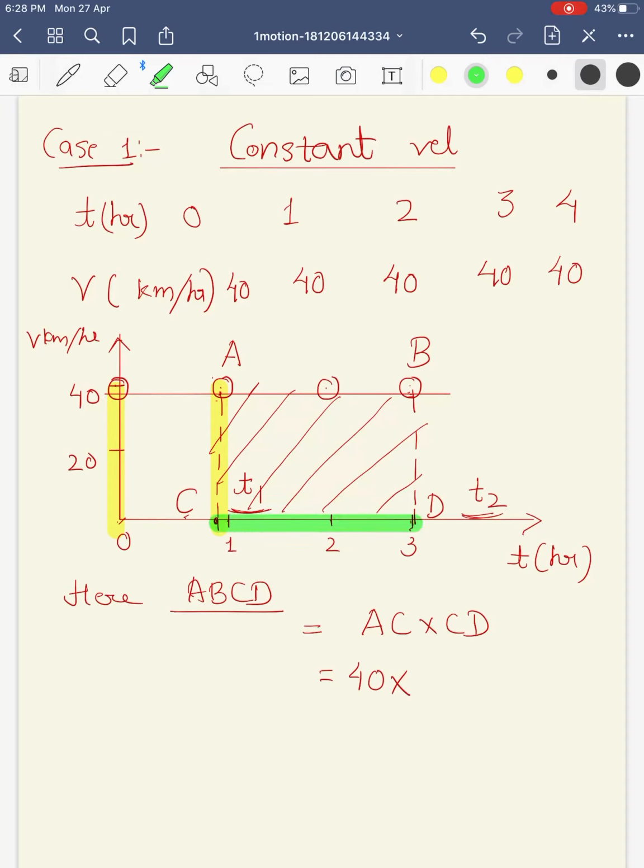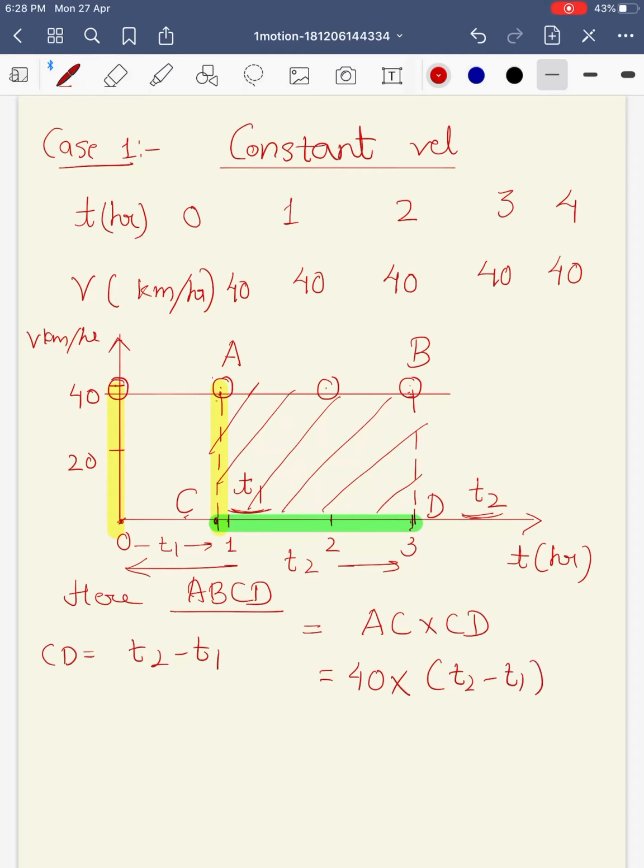Very easy. This distance is t1, because whether we are taking speed or time, we always take it from the origin, the starting point, that is O. Now at point D the time was t2, so this complete length will be t2. Then CD will naturally be the difference of the two, that is t2 minus t1. So in place of CD we write t2 minus t1.